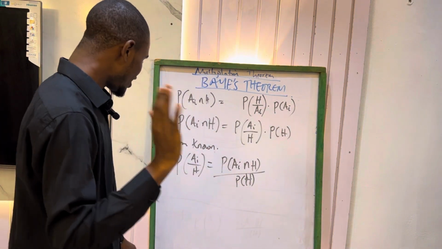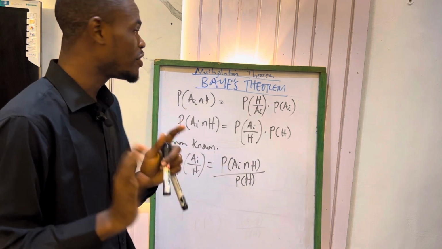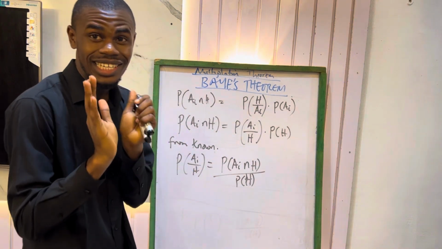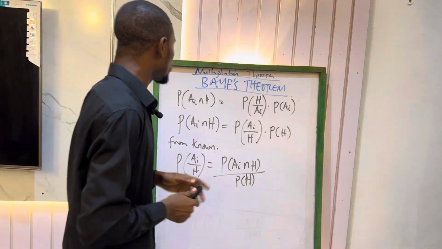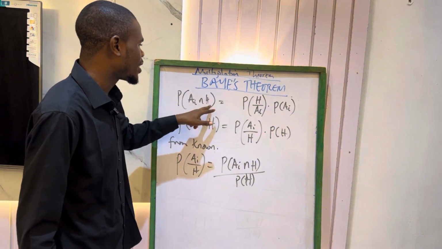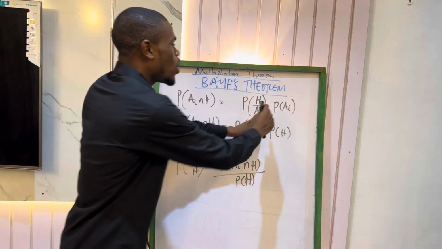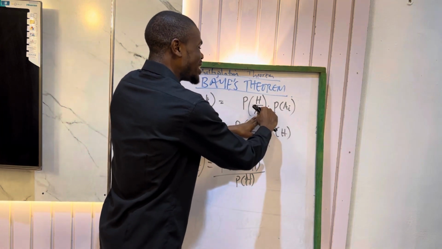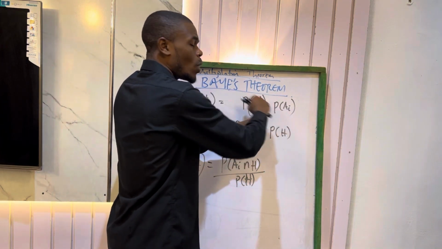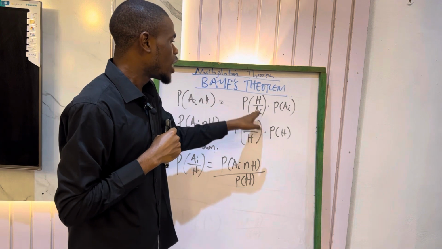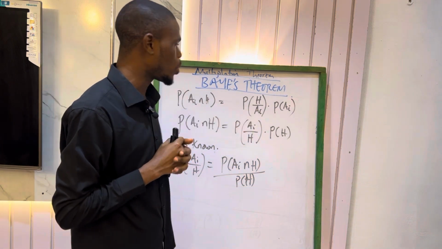So why is this how you understand it? Let me be very raw with you so that you can understand it. Understanding is key. If we have P(Ai ∩ H), it takes the form of P(H | Ai). Note, the one that comes after it must be the probability of the one at the bottom.